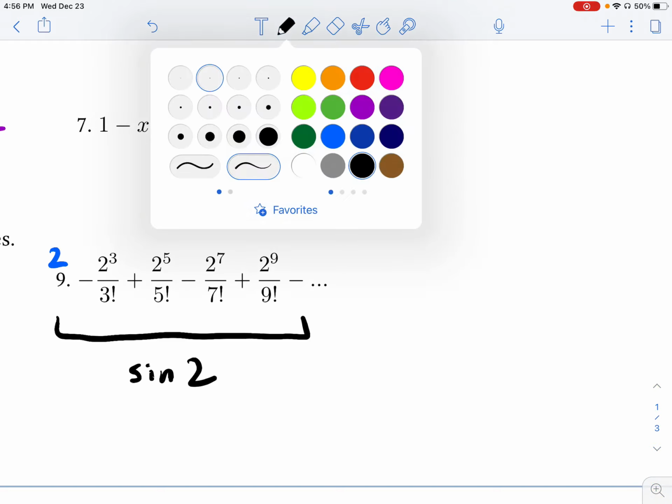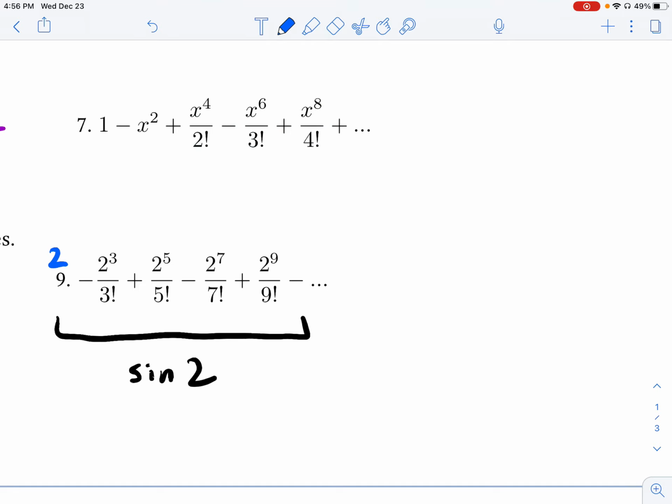But we're advanced enough in our mathematics to know that that's an easy workaround. I can easily just add a 2 there as long as I subtract 2 as well. Now I'm not changing the value of this series in any way. So the sine of 2 series is this entire series here, and I just add 2 and subtract 2, which means this entire series here would just be sine 2 minus 2.